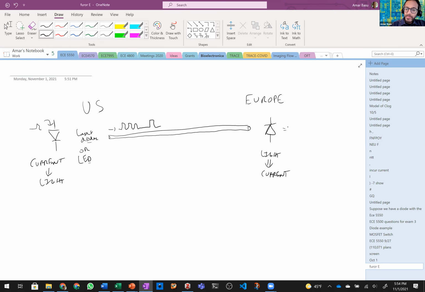And by putting it through a resistor, you can retrieve your voltage. You can convert these light pulses into voltage pulses. And that's how communication works here. So without diodes, both generating the light and receiving the light, we wouldn't have fiber optic communications. This is a really, really important application of diodes.